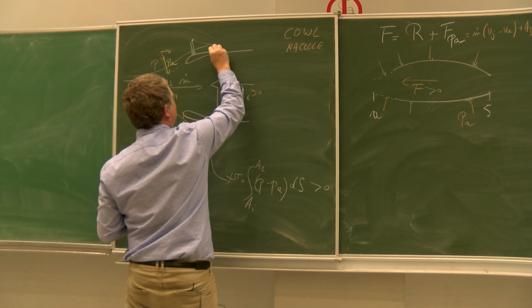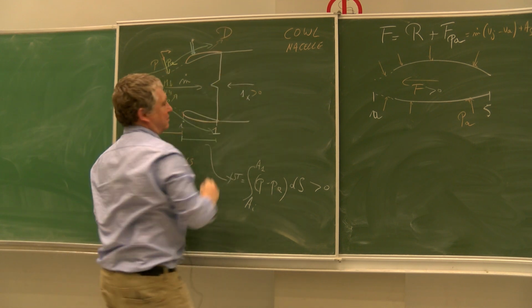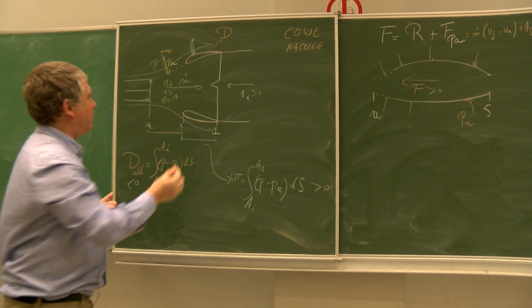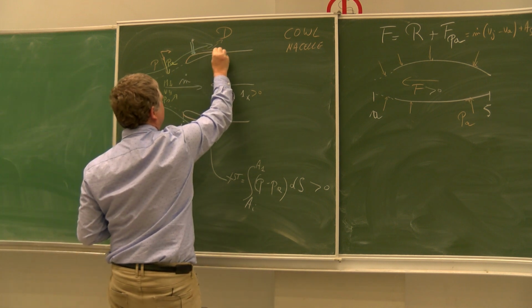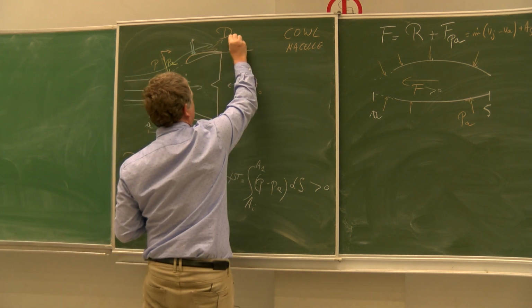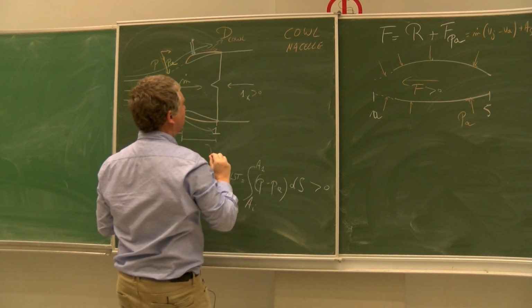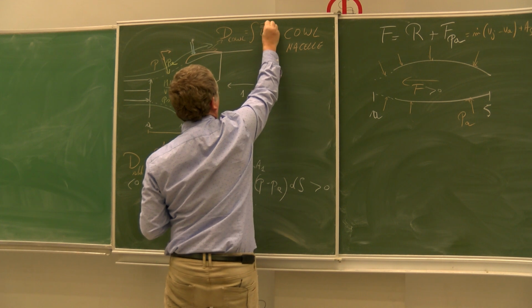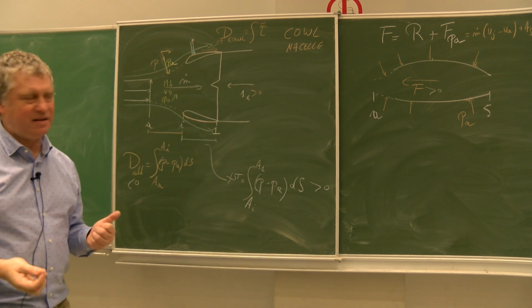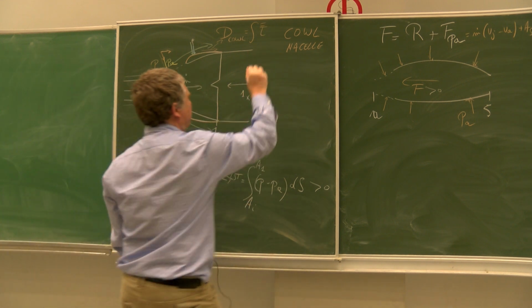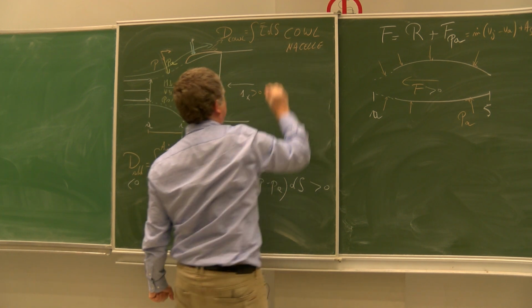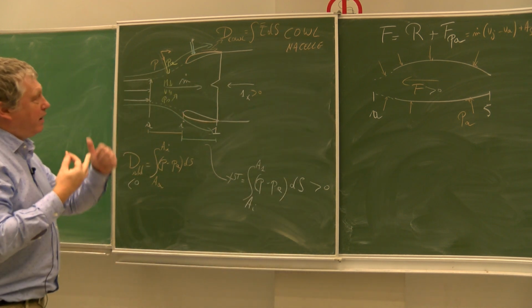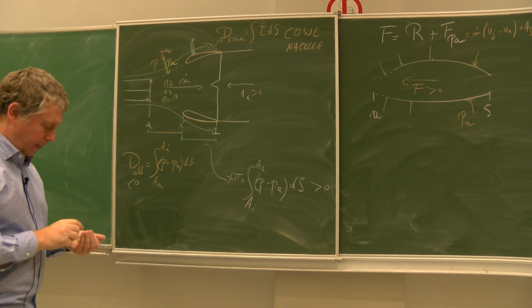So that will be a drag, because this is a friction force, so that will be oriented towards this direction, that we can call d coal. That would be equal to an integral of all shear stresses that you have there, multiplied by a certain surface. And that will give you a drag.